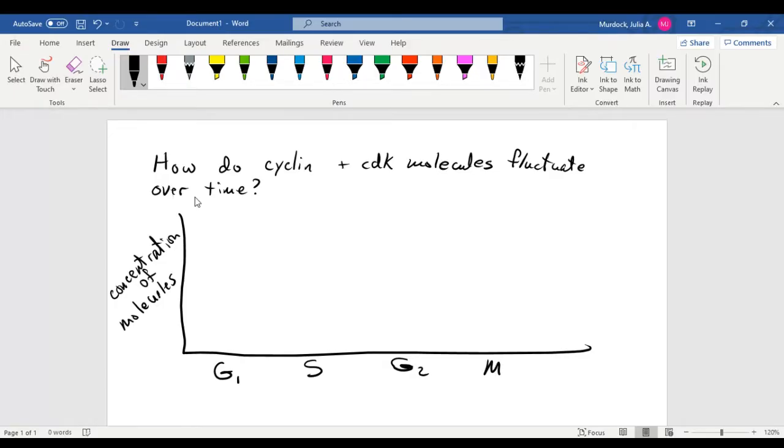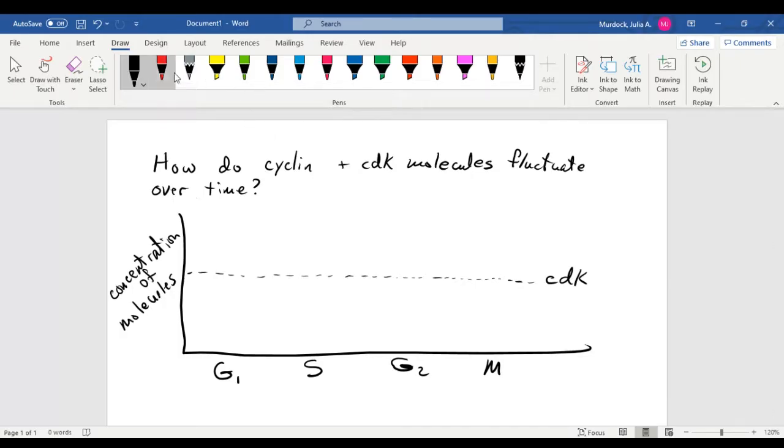So time goes by on the x-axis. All right, so here's the thing. The CDK concentration stays pretty much the same no matter what phase you're in.